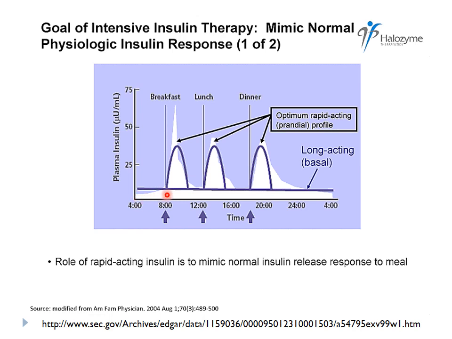and these spikes in the background, if this was your normal pancreas working, your pancreas would basically spike insulin in the background like this. It would do this to take care of the sugar that is going up in your body. So the background white here is what your normal, optimum rapid acting profile is.